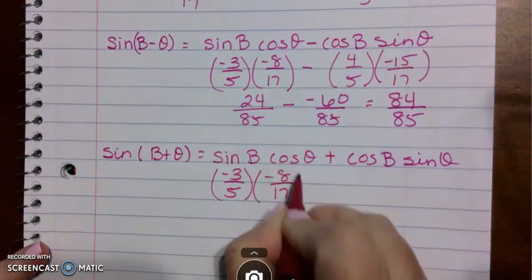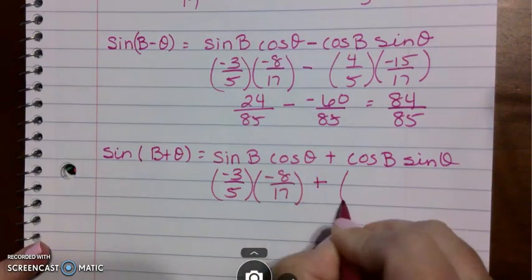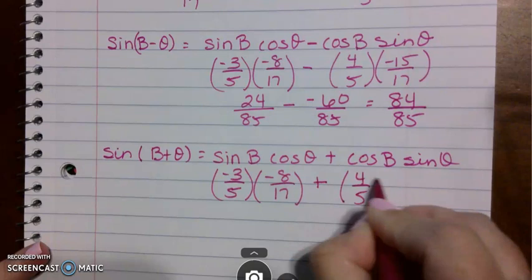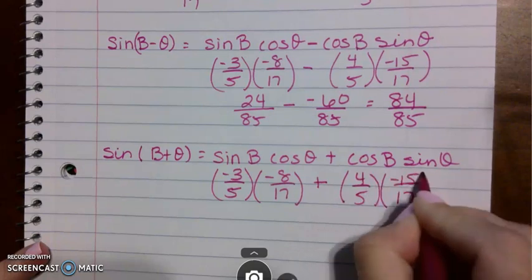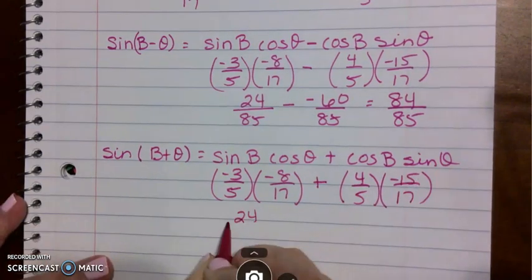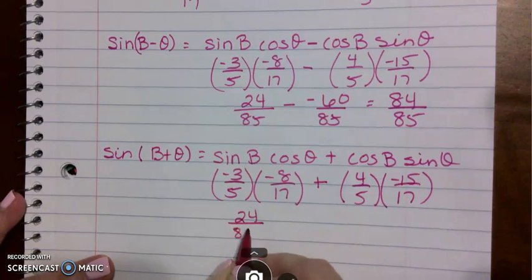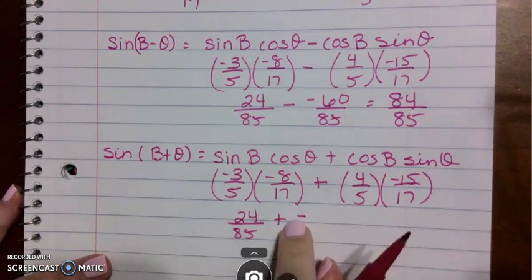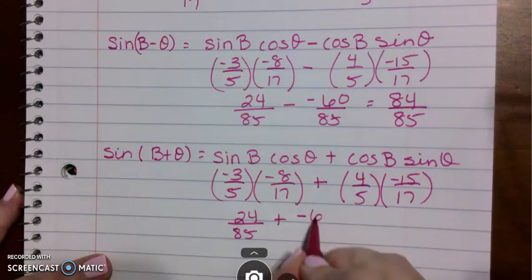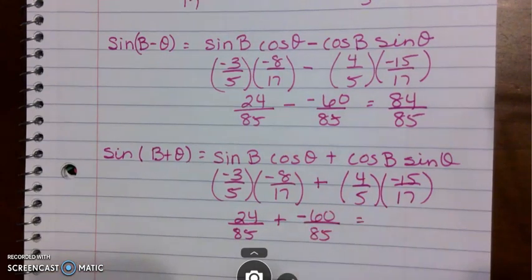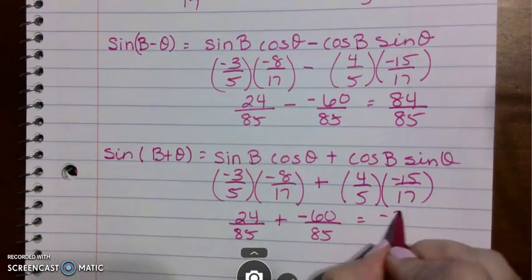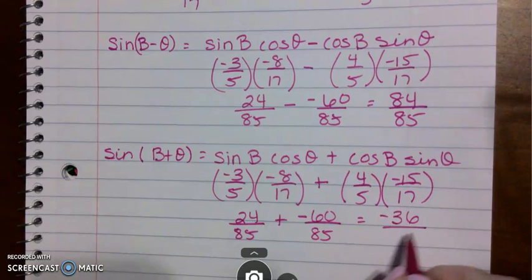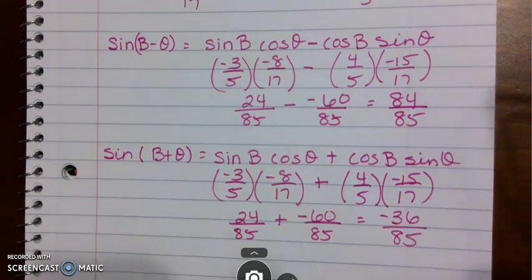The only thing that's going to change is plus. So this is still 24 over 85, but this time it'll be negative plus a negative 60, and I got negative 36 over 85.